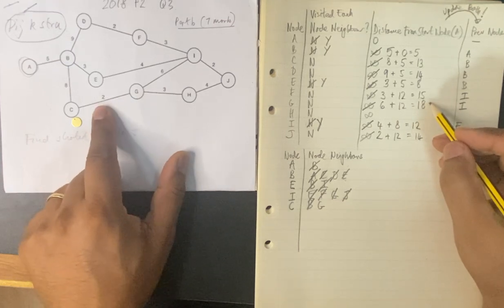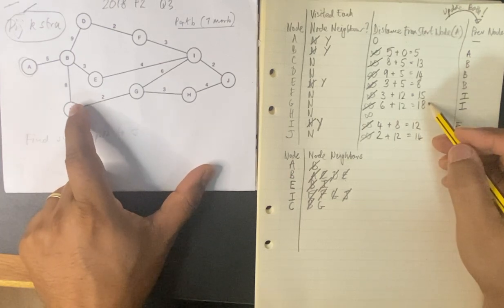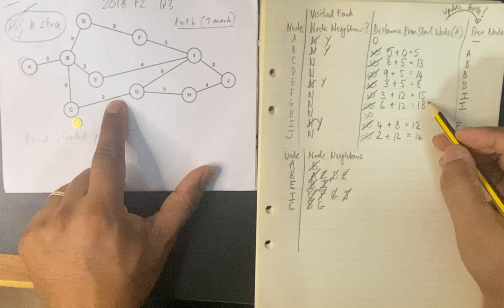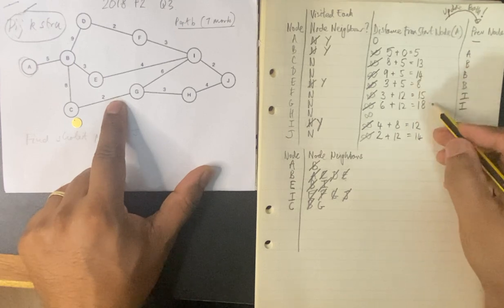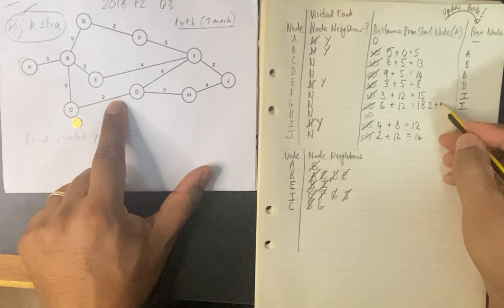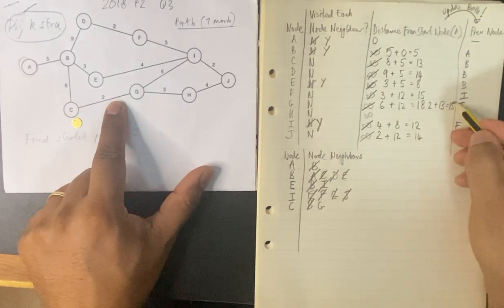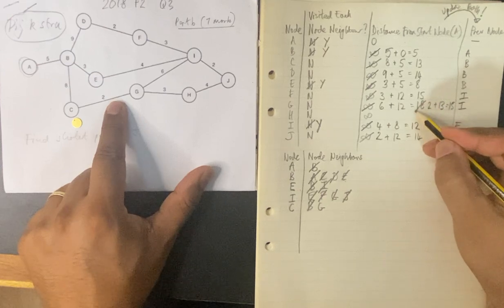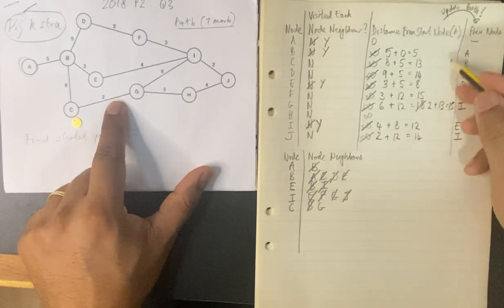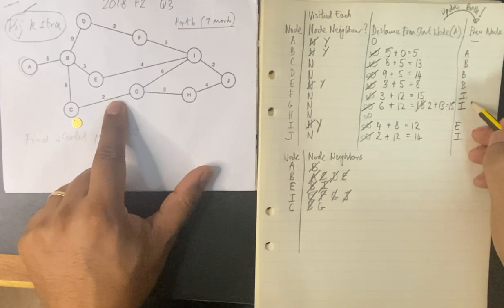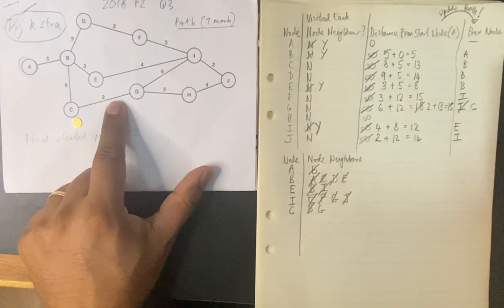That will be 2 plus the distance from C to the start, which is 13. So 2 plus 13 is 15. That is smaller, so we can cross that off. And because we updated this column, we need to update both. And the I will become C.